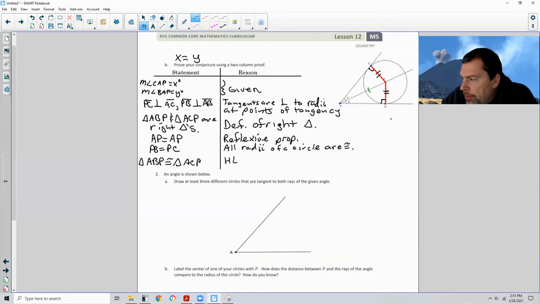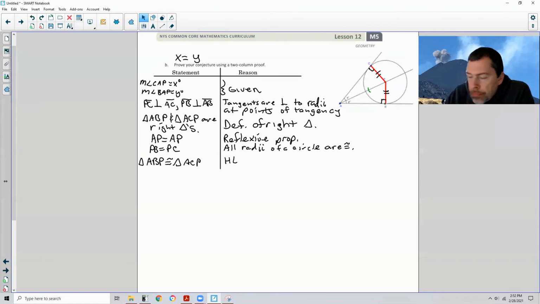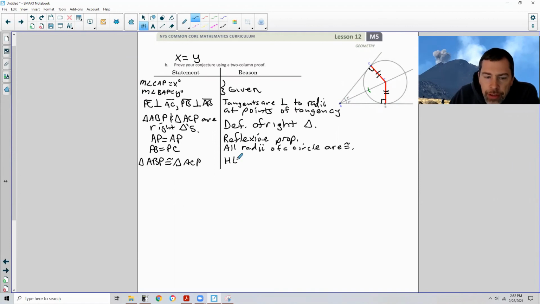Now I've run out of room here, so let me fix my screen. Okay, so we're almost done. Just keep focused on what we're trying to find. We're trying to find that angle X is equal to angle Y. And now we can name them by our angle measures in these congruent triangles. So now I would say the measure of angle BAP is equal to the measure of angle CAP.